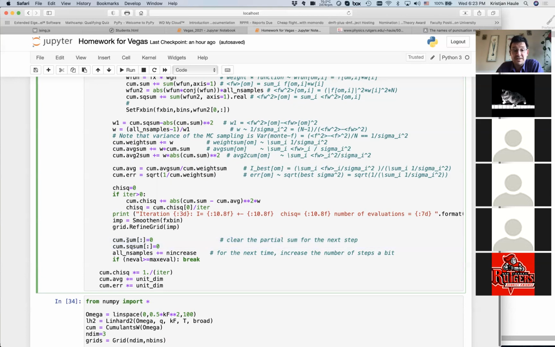So if you write here cum sum equal to 0, not as an array, it will not work correctly, because we are going to create a number after that. But we don't want to create a number. You just need to change the array. You need to nullify the entire array. To nullify the entire array, this is the way to do it. Okay, so that's the important difference. All the rest is exactly the same as before, no difference.